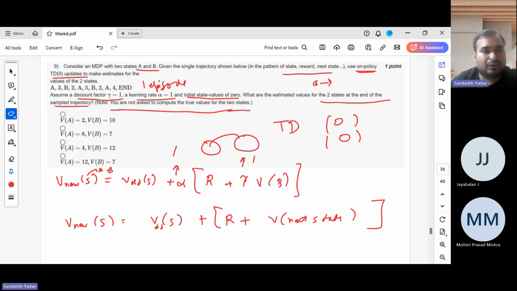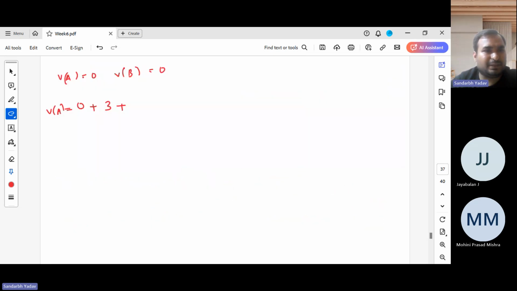And 0 plus 3 plus value of next state, which will be B, but since its value is 0, value of state A will become 3. So you got it, value of state A will become 3. Now at the end of the first data point, we have this value.